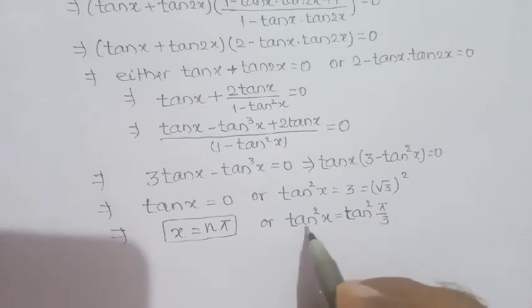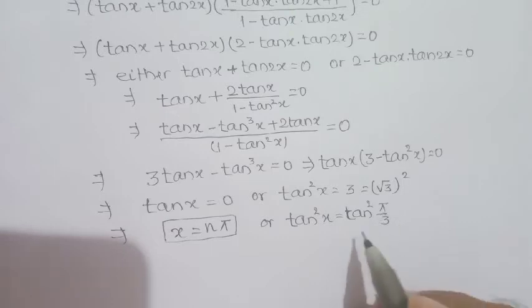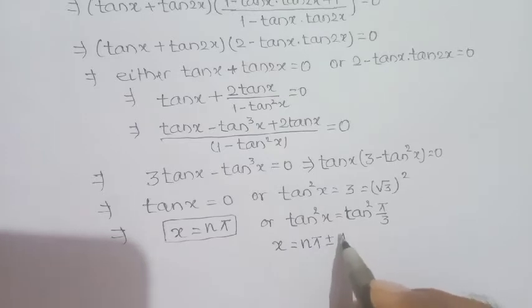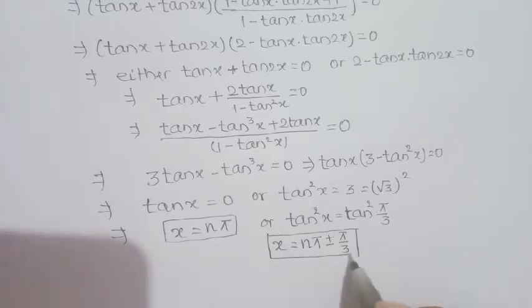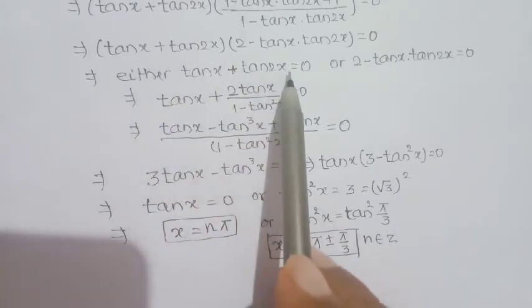So its general solution will be x equals n pi plus minus pi by 3. This formula you must learn, where n is an integer. These results come from the first one, when tan x plus tan 2x is equal to 0.